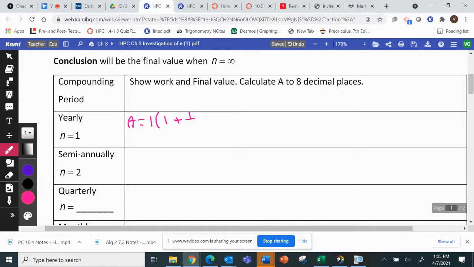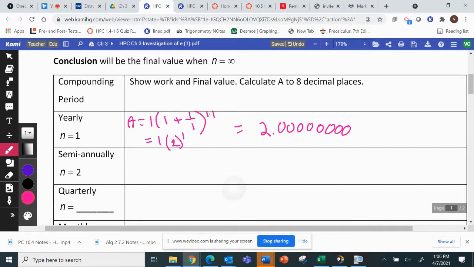Yearly is once, so my n is 1. And we're going to take that to the n times t, 1 times 1 power, 1. Okay, got lots of ones. Simplify that just a little bit. We're taking 1 plus 1 to the first power, which is 2. It says 8 decimals. There we go.